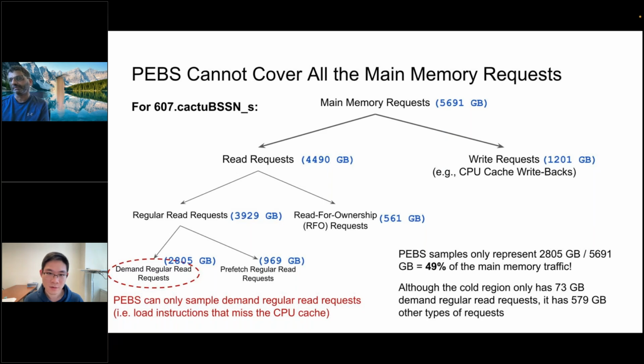Even if we say we want to track requests that are going to CXL memory, I think the same argument would be valid, right? So in that case, we also want to look at, for example, the write requests and the prefetch requests that reach CXL, not just the demand regular read requests.